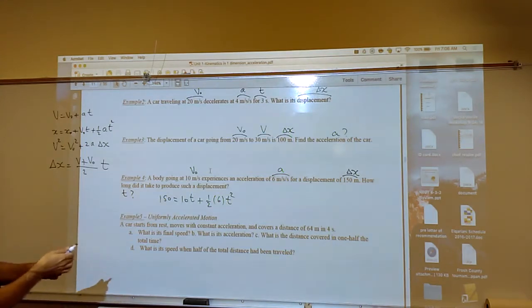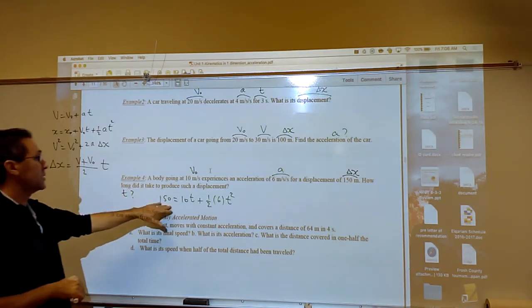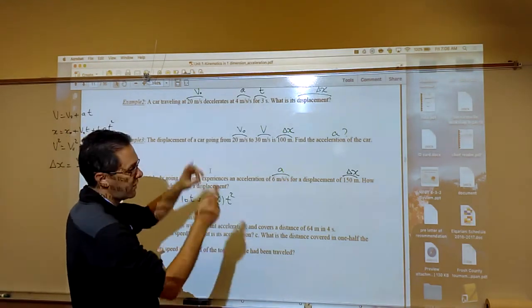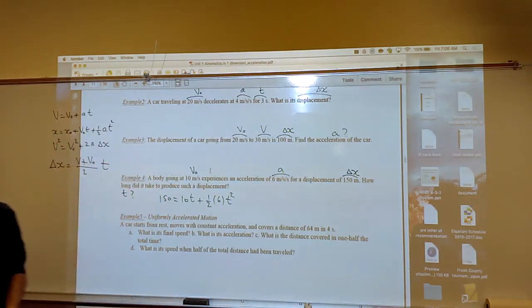And you're probably going to end up with a positive and a negative answer, so you just drop the one that's negative. Now, if you don't want to use this, you might have to find the v and then use another equation.